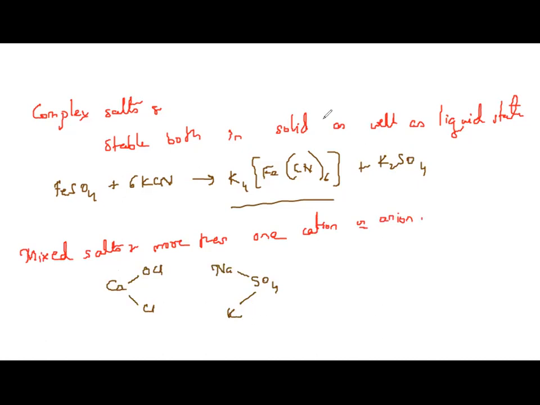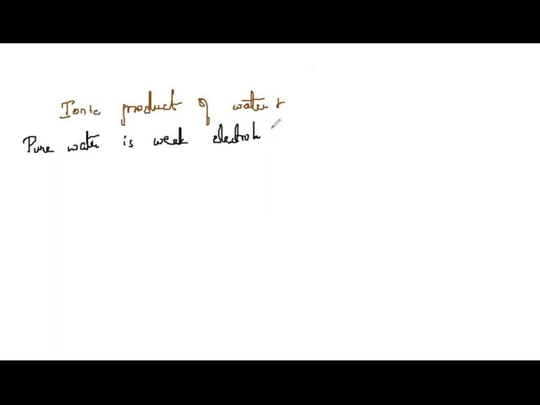Then the next very important concept is the ionic product of water. Pure water is a weak electrolyte, which means it hardly conducts electricity, and it undergoes self-ionization to a small extent.